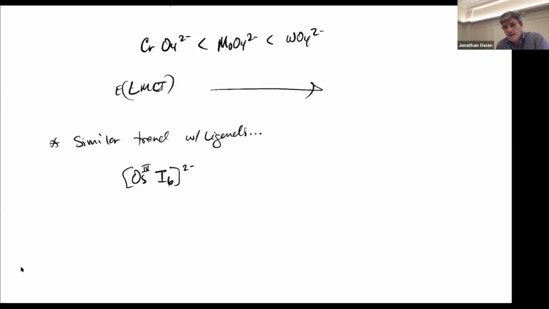You have 6 iodide anions around one transition metal that we're saying is 4+, so the whole thing should be 2-. Let's compare that with the hexabromide. And the chloride.